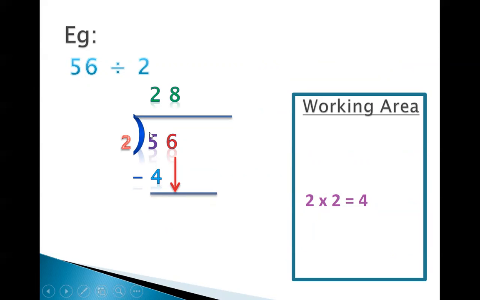When we subtract 4 from 5, we get 1. And then we are going to take the 6 down, and 2 times 8 or 8 times 2 equals 16. So 16 minus 16 is 0.